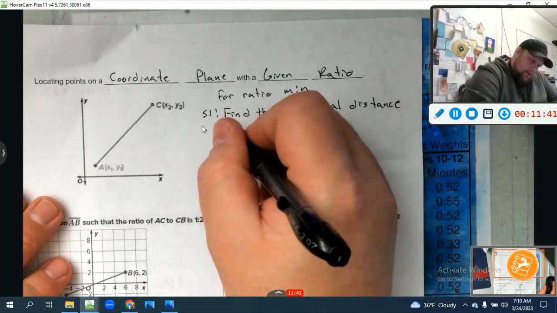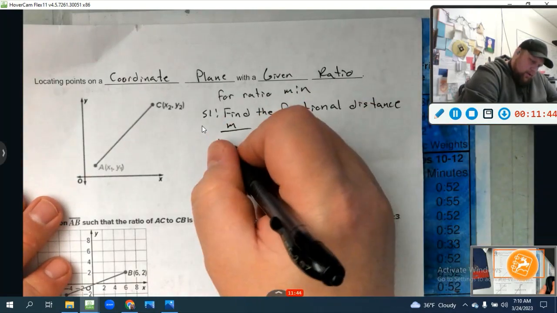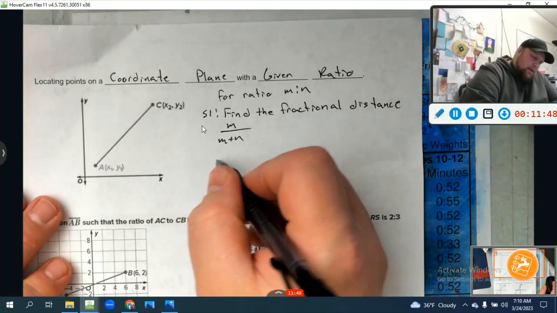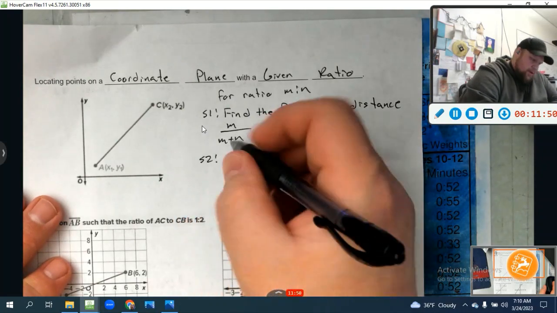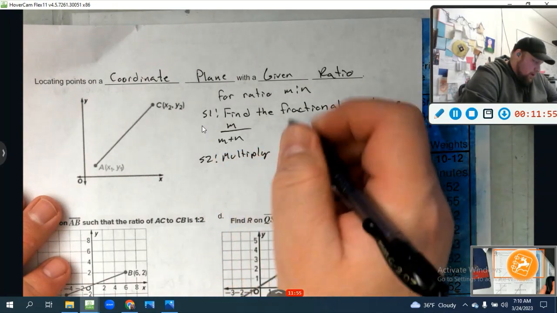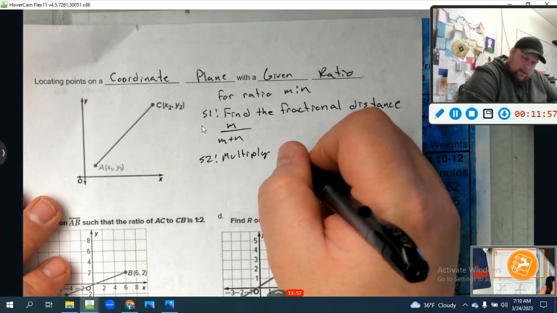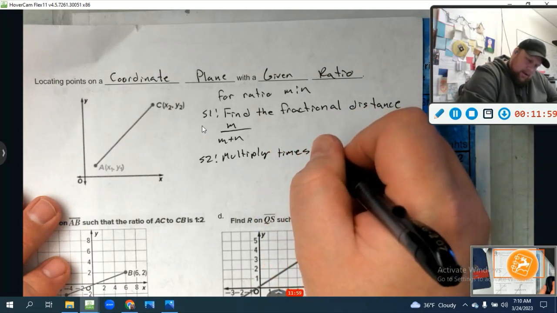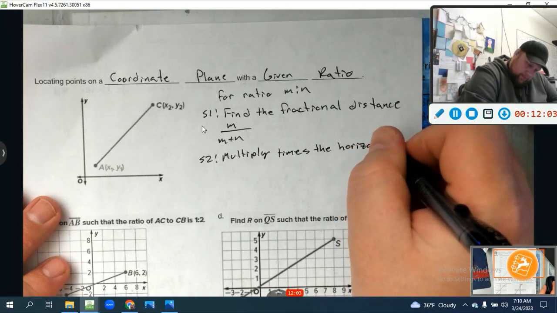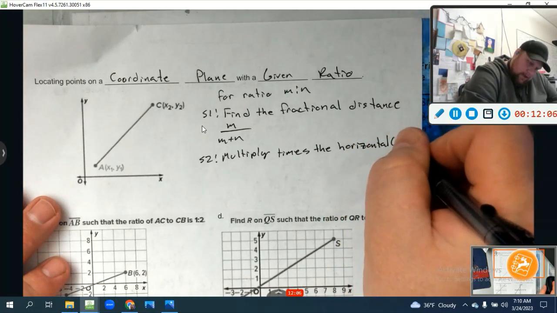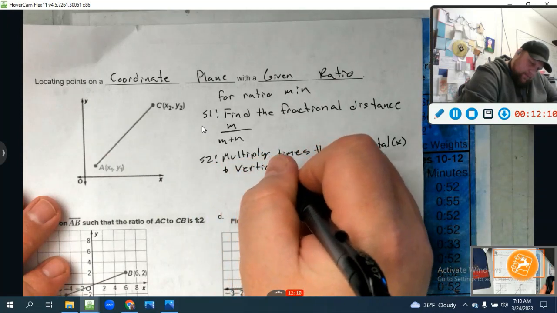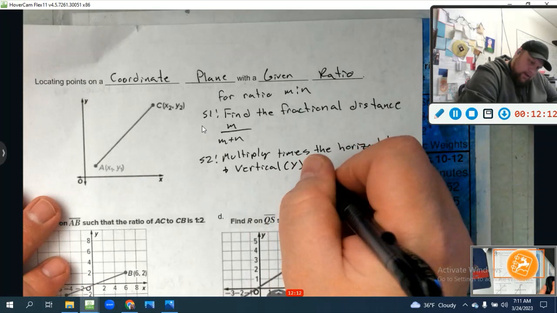Which is m over m plus n. That's going to give you the fraction, which we talked about in the last lesson. Step 2 is multiply the fraction times the horizontal, that's x, and vertical, that's y, distance.